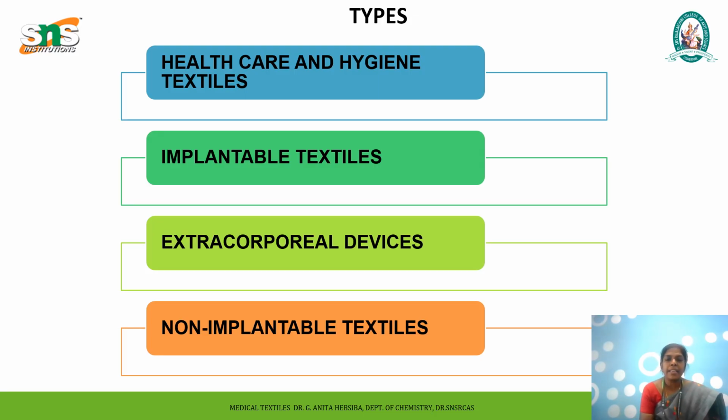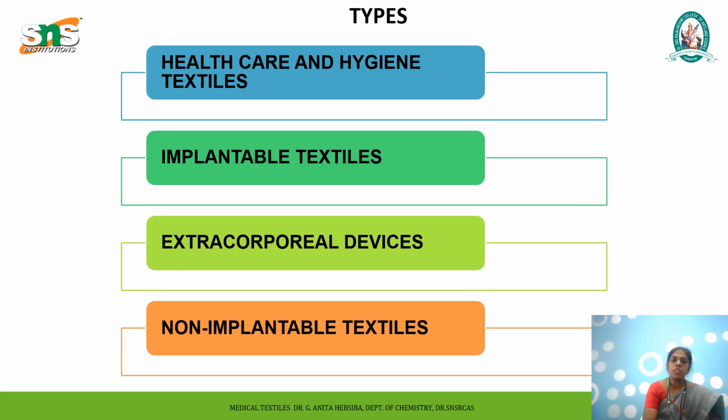And the third category is extracorporeal textiles. These textile materials interact with the body externally through machines. So artificial kidneys, that is dialysis filters, and blood oxygenators, that is heart-lung machines, come under this category.